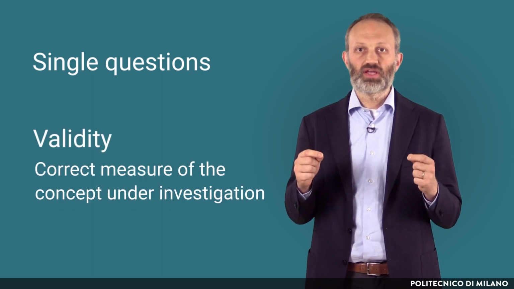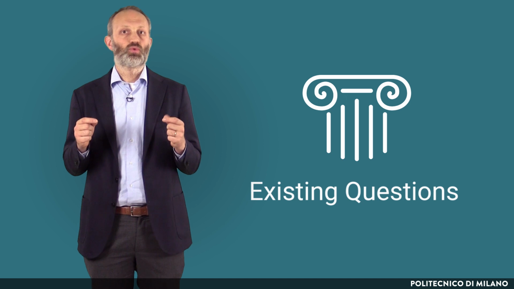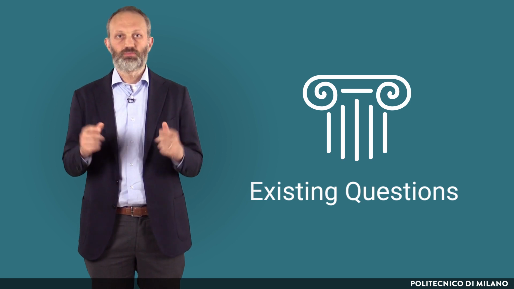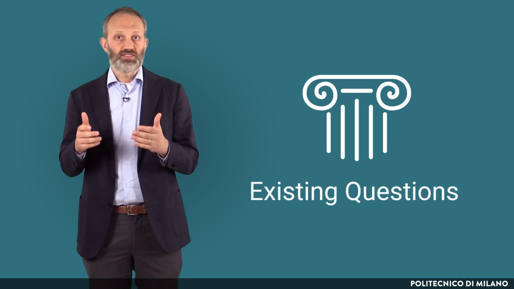The next step is to formulate the single questions, making sure that we are going to really measure what we want. This issue is called validity, which refers to the correct measure of the concept under investigation. A very good and effective way to ensure validity is to rely as much as possible on existing questions already used in previous studies, so that they have already been tested and validated.